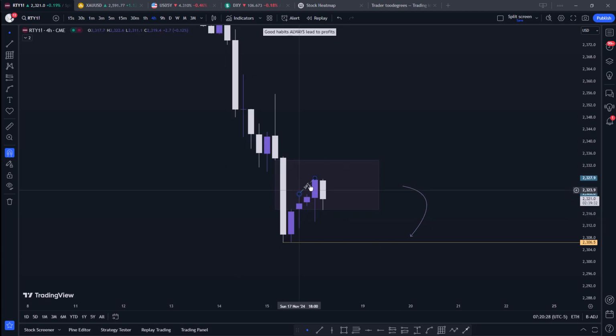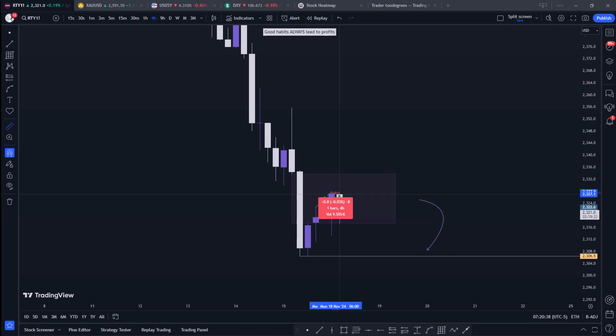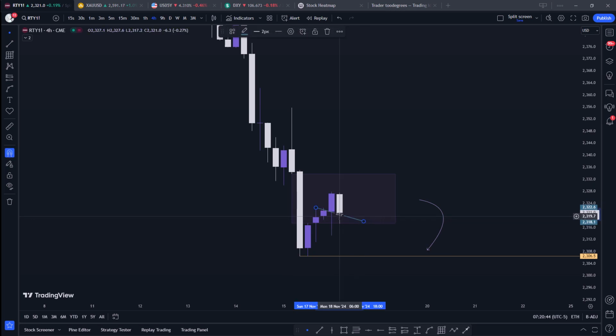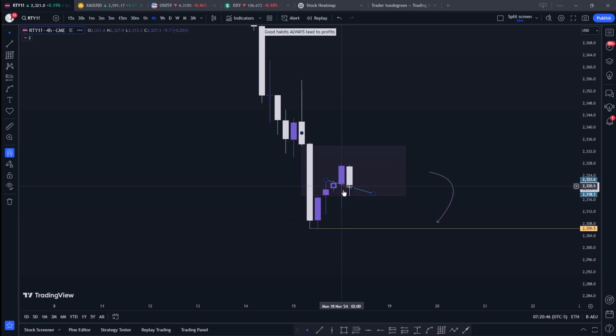We have that swing high, was swept over there, and let's say we checked YM, or we checked NQ, or we checked ES, or whatever correlated asset that we have, and we see that it fails to take the high, right? So let's say it looks something like that on the other asset. So we could call that an SMT.